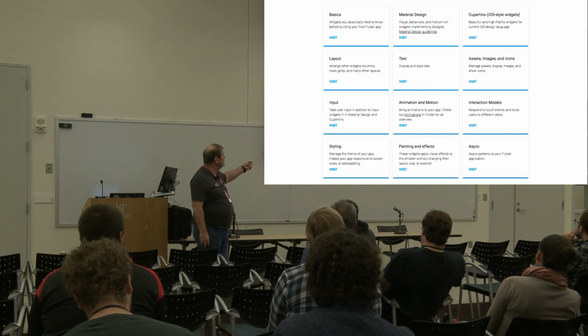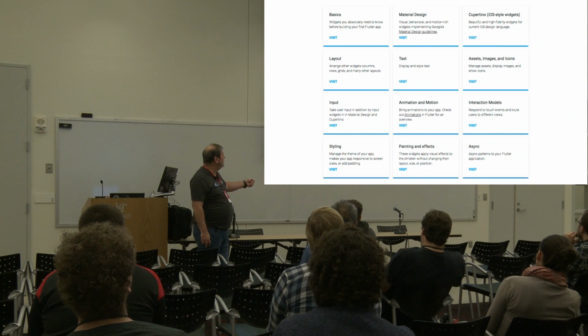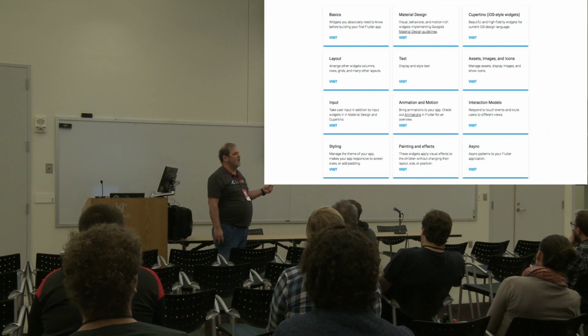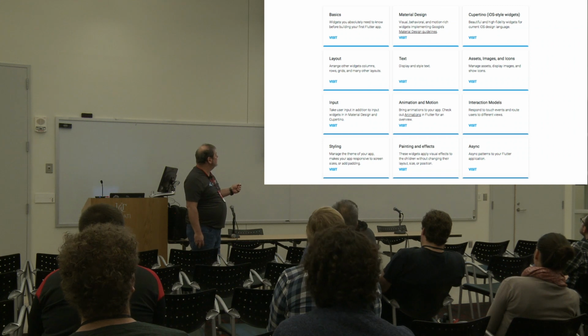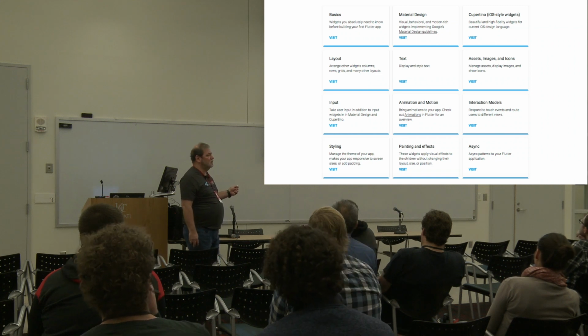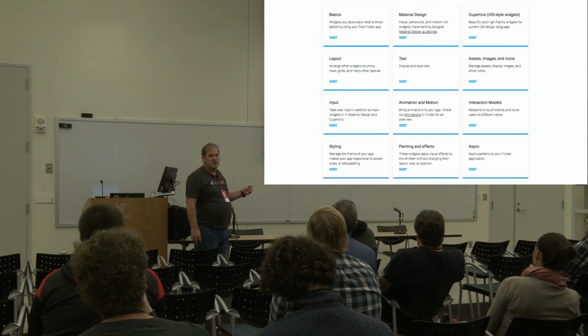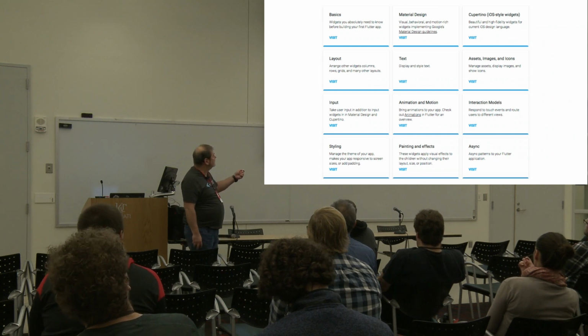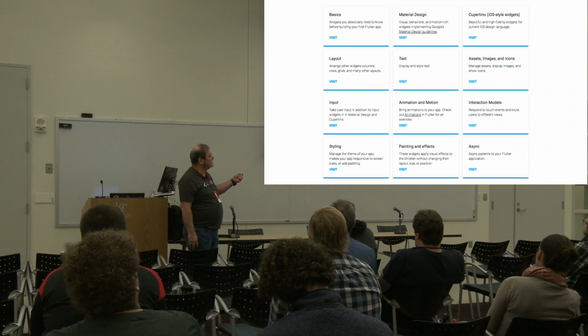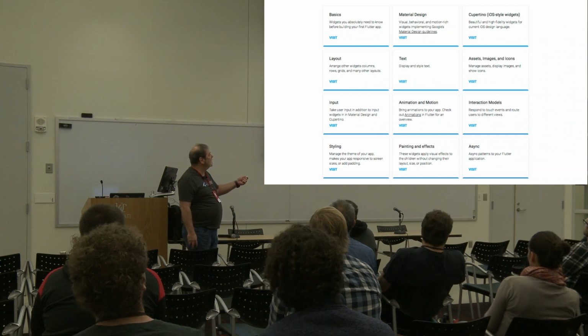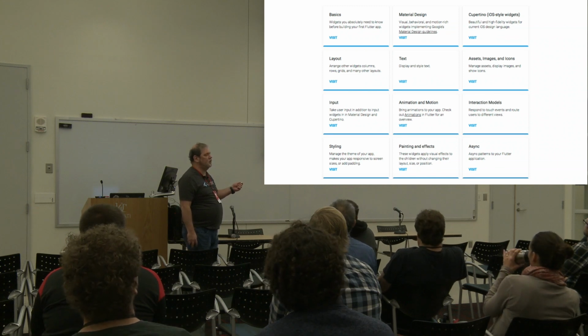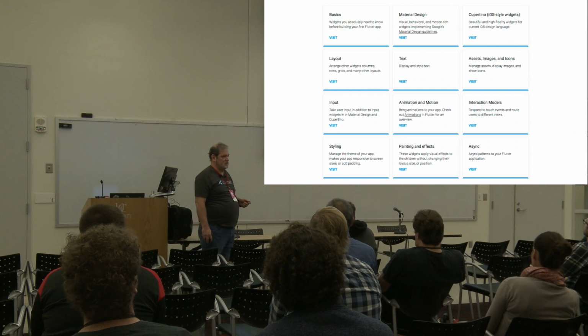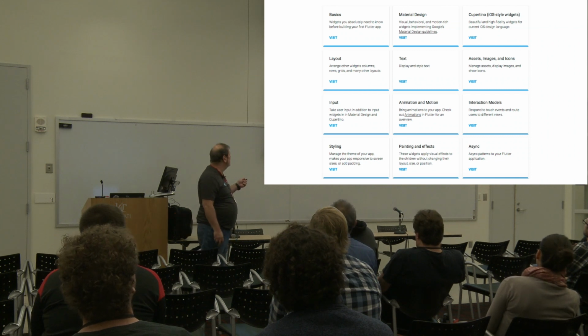Various widgets, more of a 101 thing. These are not individual widgets, actually. These are categories of widgets. General, everything you really need to know: containers, rows, columns, image assets, text, etc. Material design, all of these are material design compliant. Cupertino, all of these are human interface spec compliant.